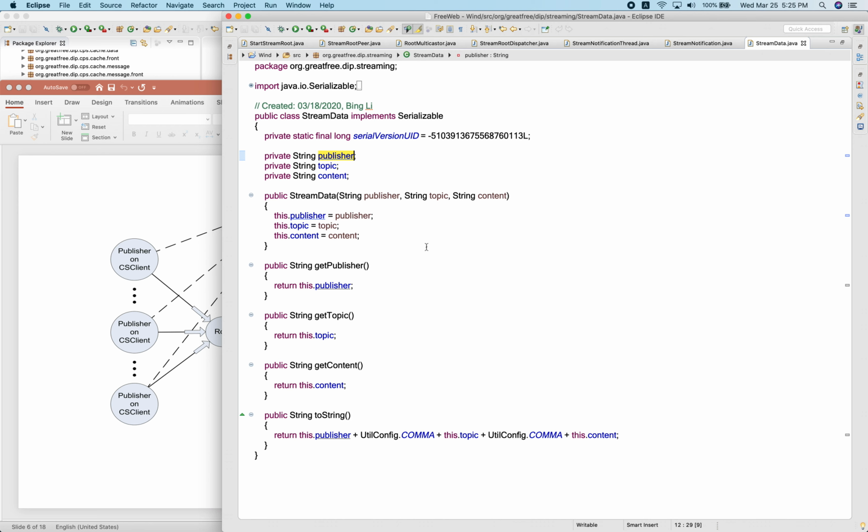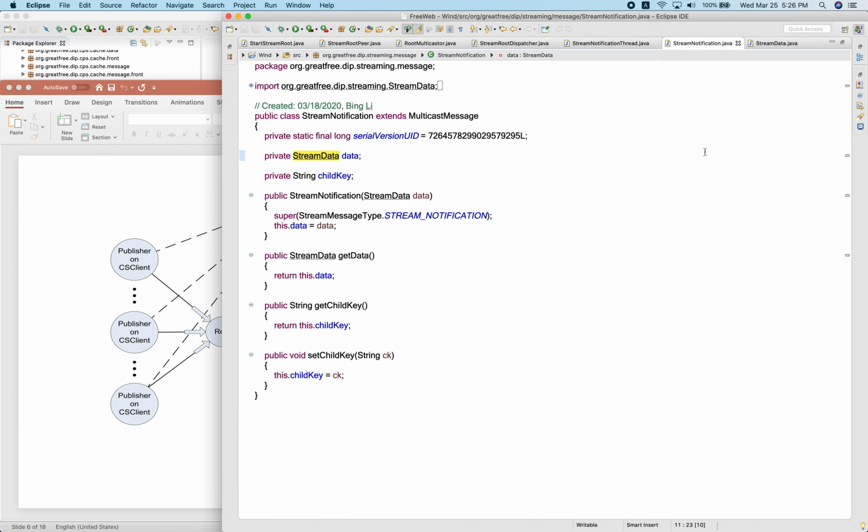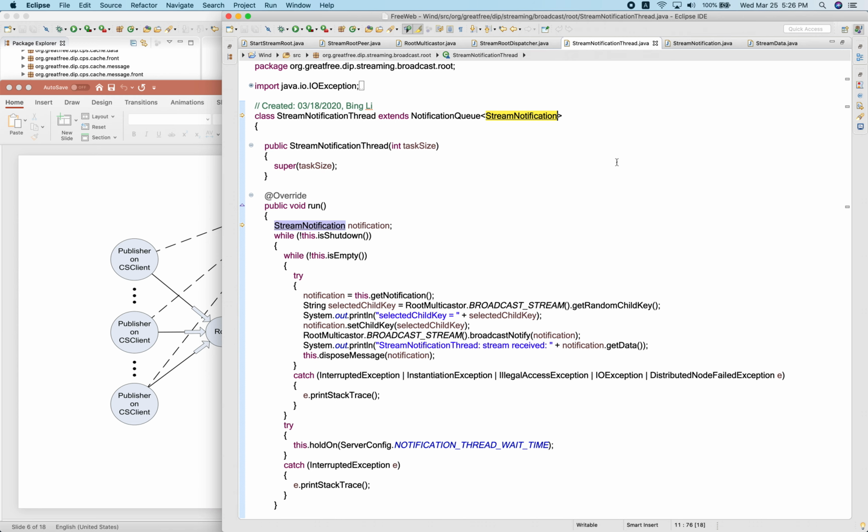The publisher subscriber server. Users, readers or subscribers can find such data according to the publisher and the topic. The content is the exact data. So it's easy, right? It should be serializable. And this is a notification. What is this? This is a child K. What does it mean? You can take a look at this.